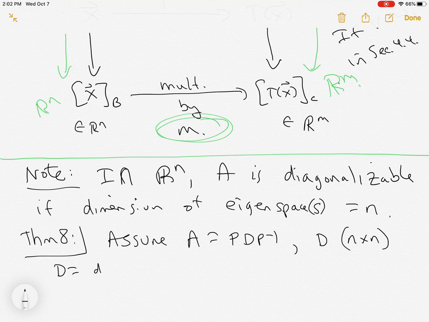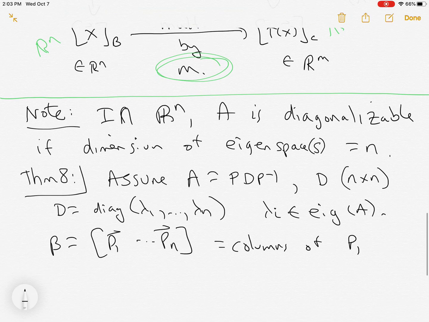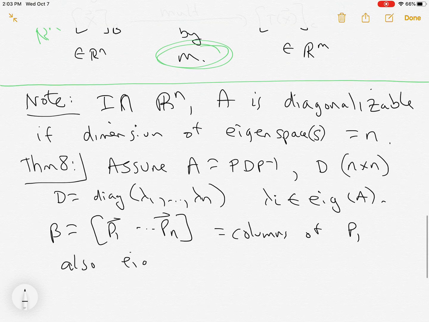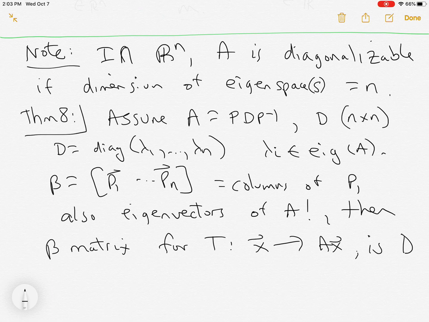D is going to be a diagonal matrix such that the diagonals are the eigenvalues of A. And if we let B be the basis P1 down to Pn, which are the columns of P, which are also the corresponding eigenvectors of A, then, using what we just showed above, the B matrix for T taking X to AX is D.